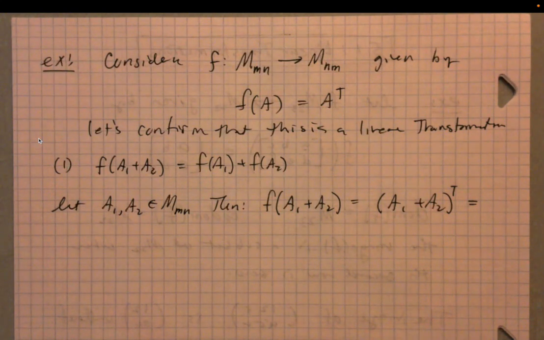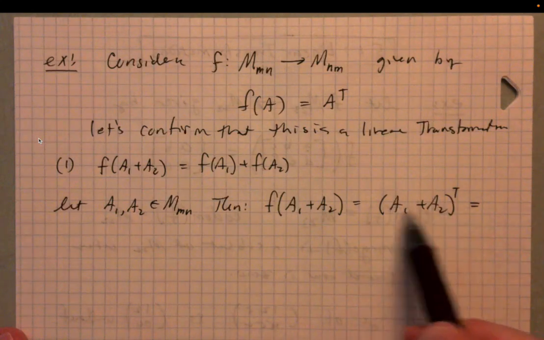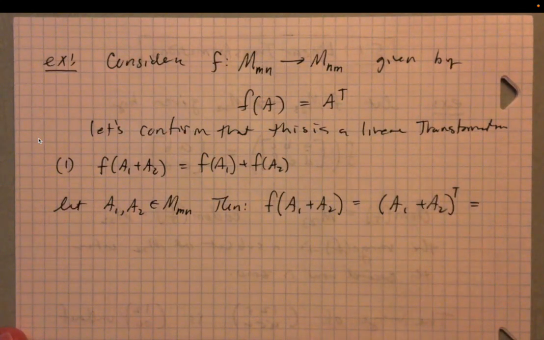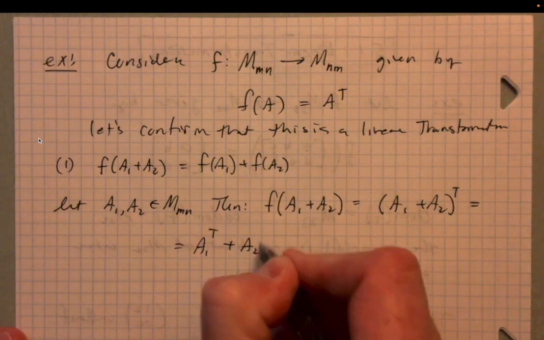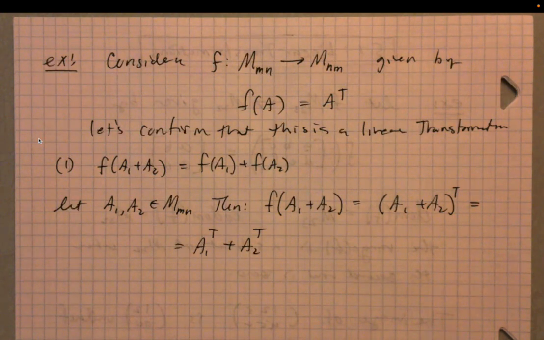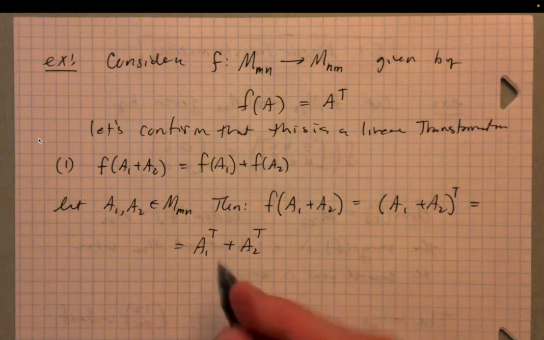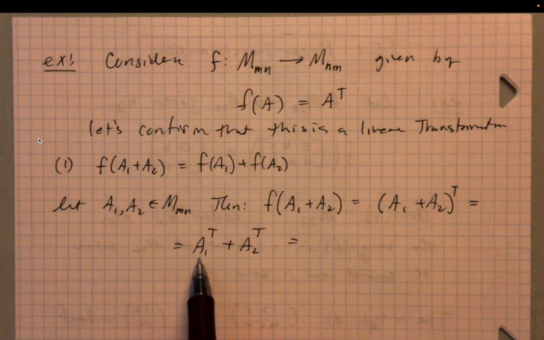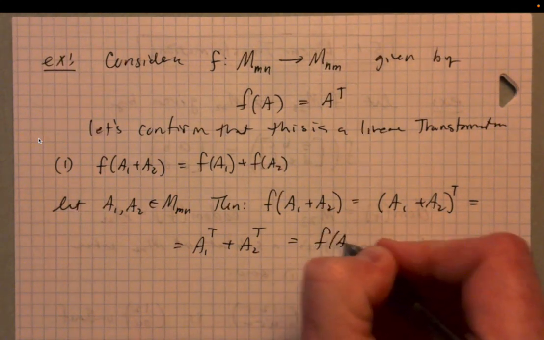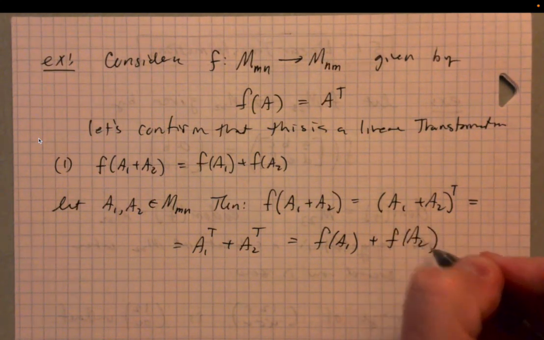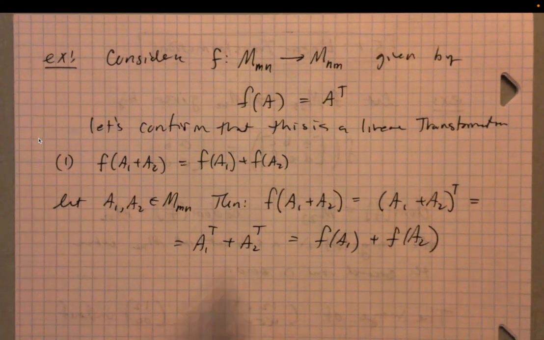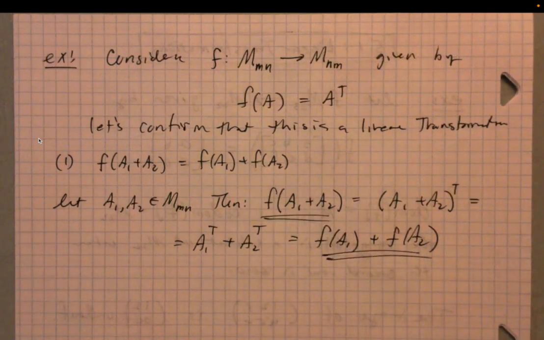What we said was that if you have a sum of two matrices and you transpose the sum, it's equal to A1 transpose plus A2 transpose. You can separately transpose and then add them. This is just F applied to A1, plus F applied to A2. That's what we needed to show, and that's the first property of a linear transformation.